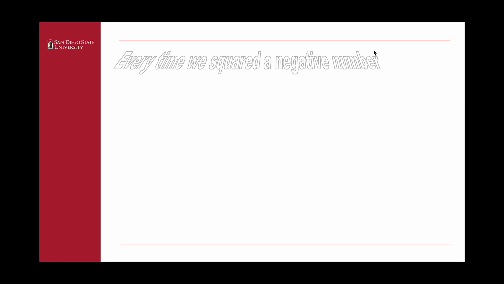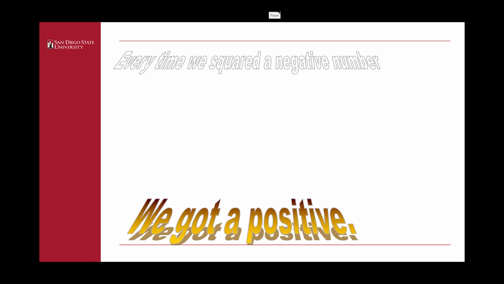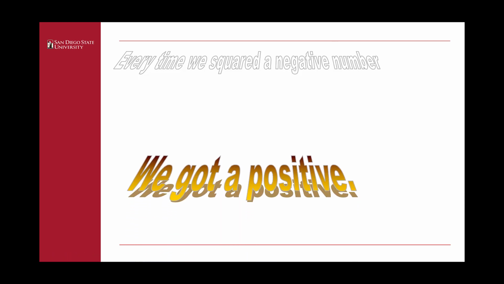The idea behind the complex numbers is built on the square root of -1. So how this is possible is quite complicated, as the number's name suggests. Every time we square a negative number, we get a positive number.